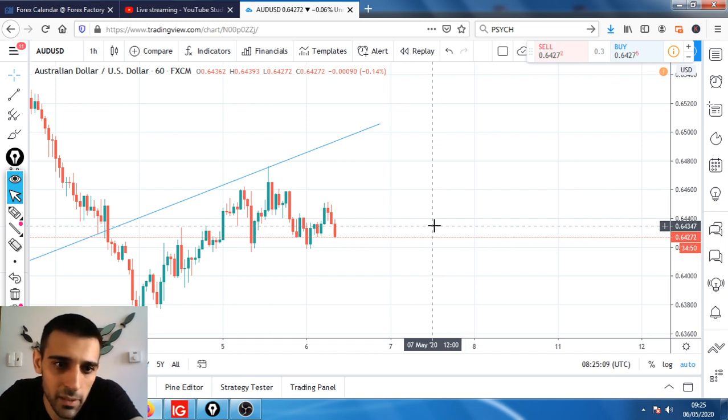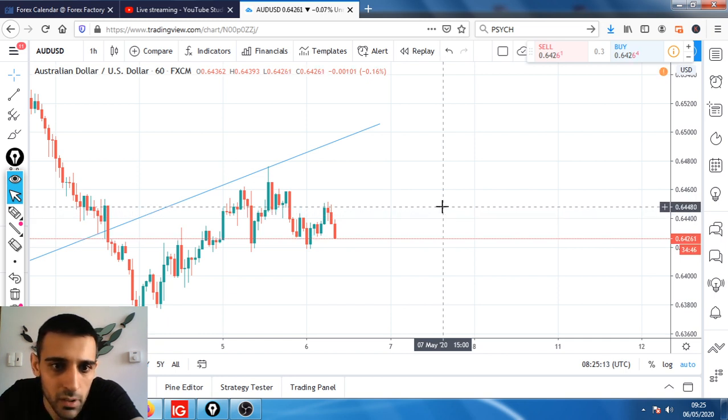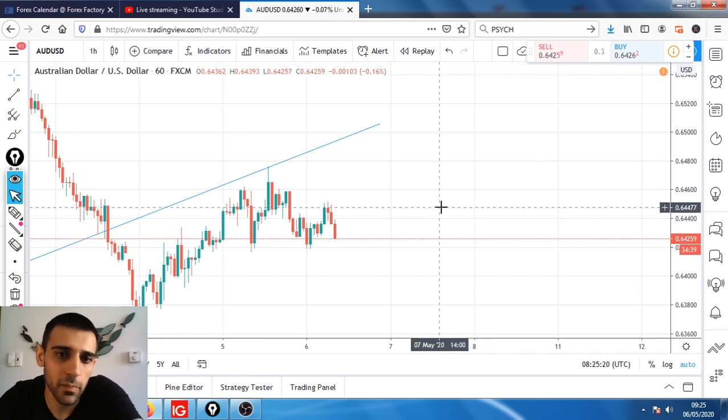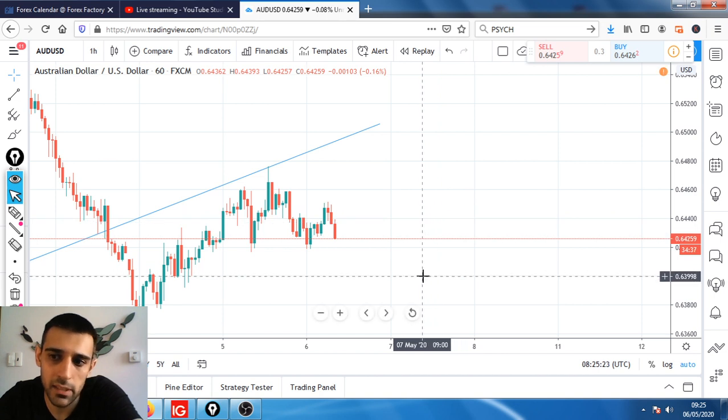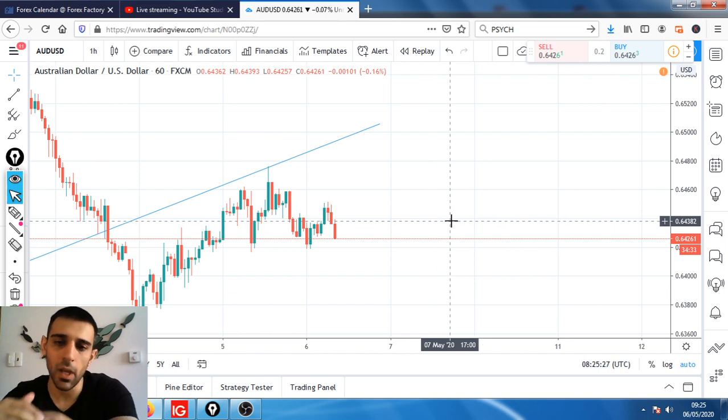If you take a 15 pip stop loss in here, that would just give that extra safety. Yeah, you can give it a 15 pip stop loss, I would say. Your target's going to be at 64.00, so you enter 64.34. So that gives 1 to 2 risk reward, which is going to be good.